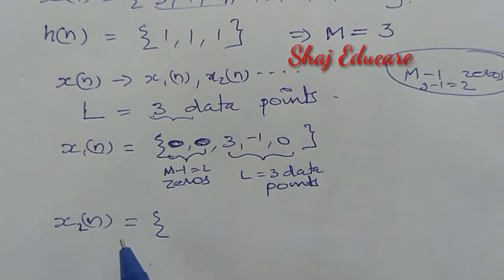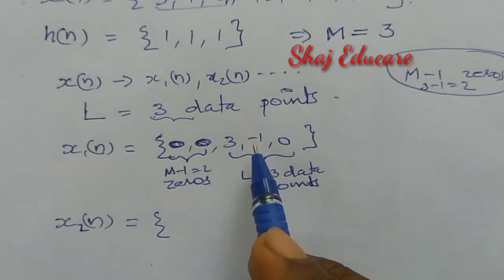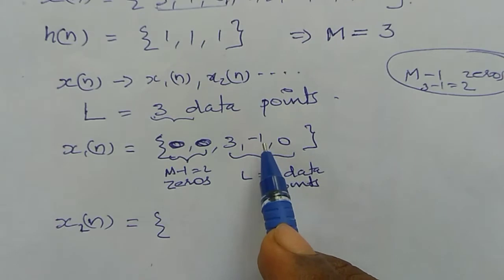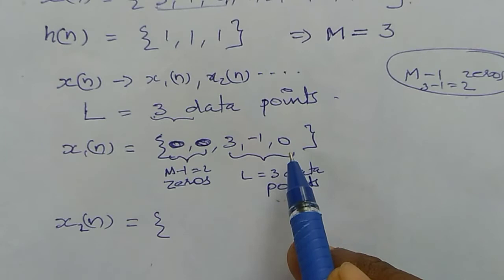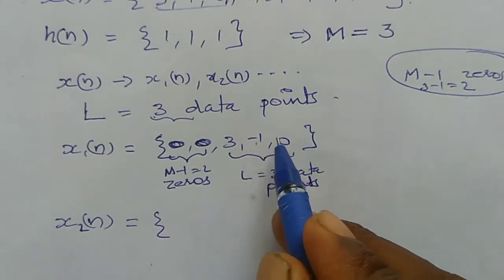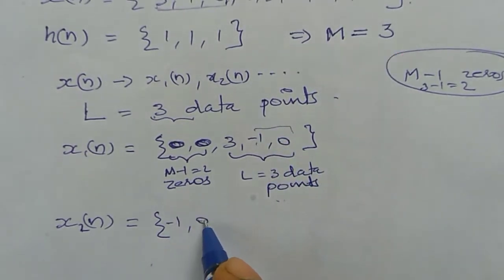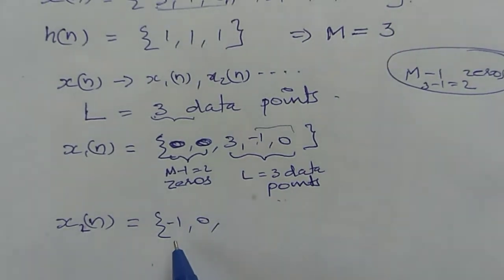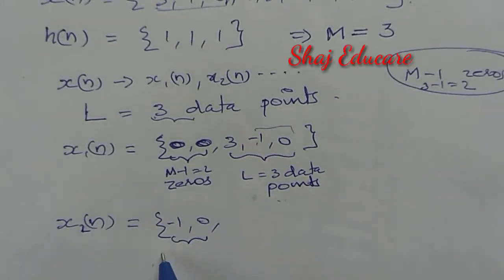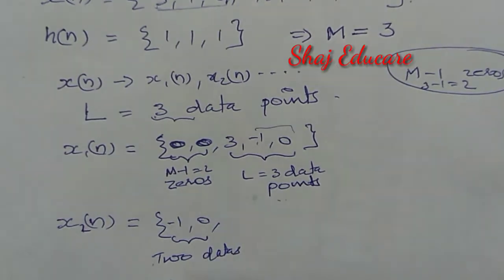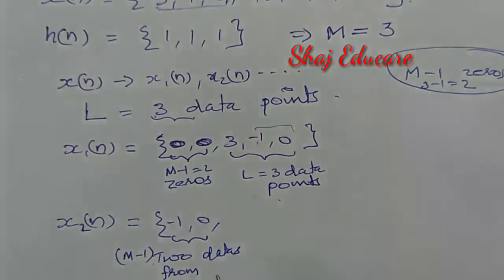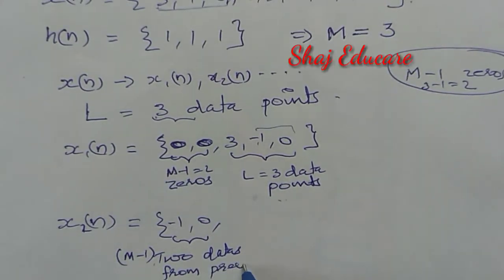In order to construct x2 of n, we have to use the last m minus 1, that means the last 2 points, from the previous block. These are the last 2 points, minus 1, 0, from the previous block.